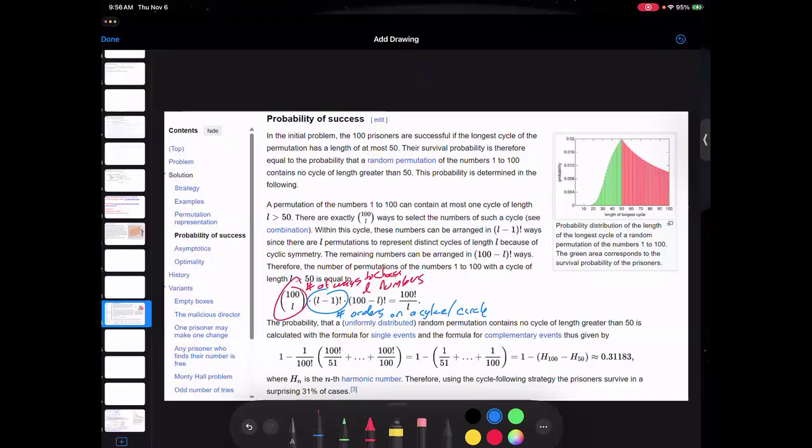And then what's the 100 minus L factorial? That's how many ways to order what's left. And so when you go through and do the algebra and simplify, you get 100 factorial over L.